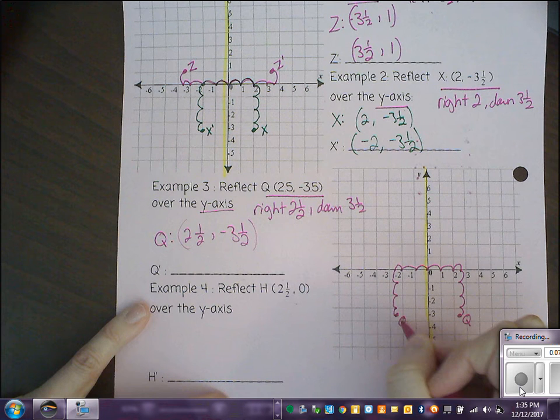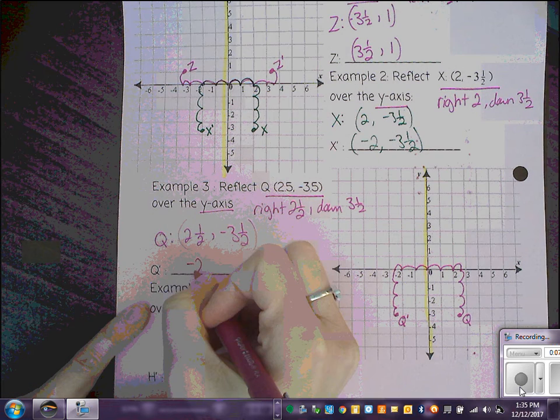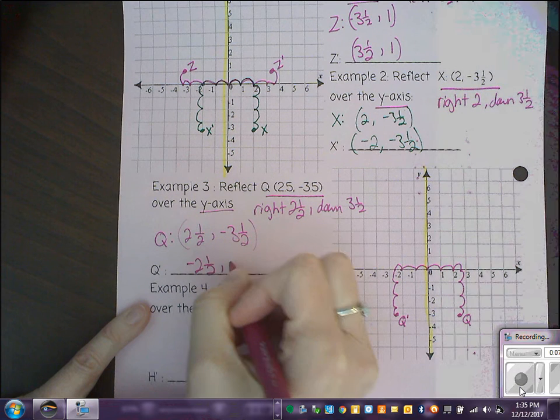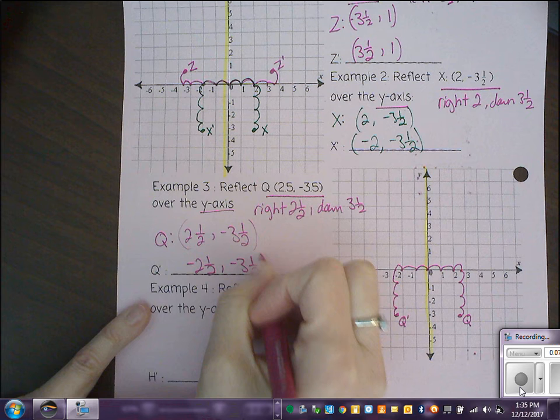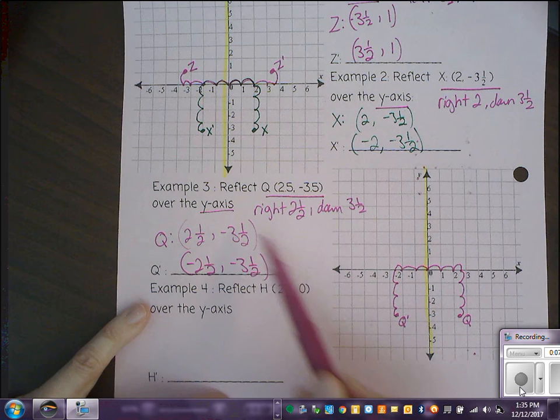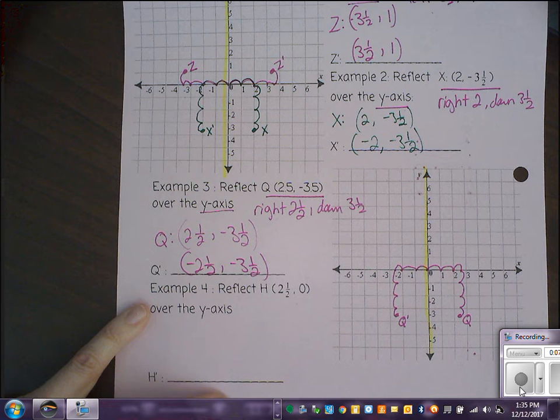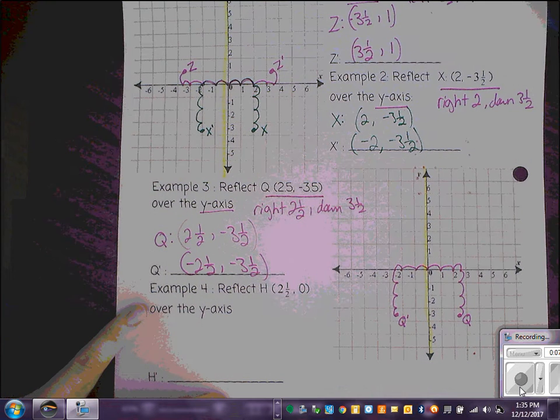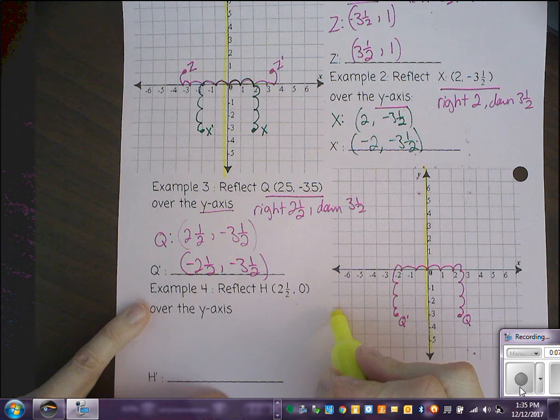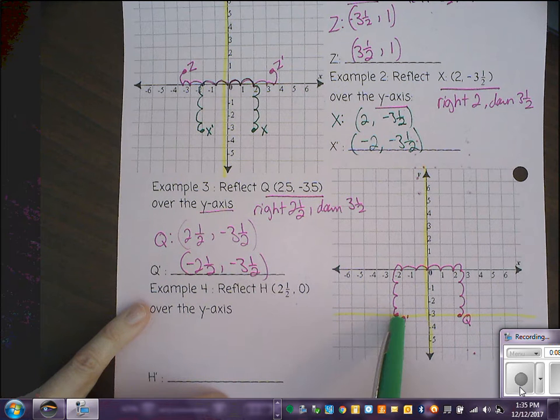And label that Q prime. So my coordinates for Q prime are negative 2.5, negative 3.5. Once again, I reflected over the y-axis. The y value stayed the same. The x becomes the opposite. You also see that my Q is on the same number for the y. 3.5 here and 3.5 here.